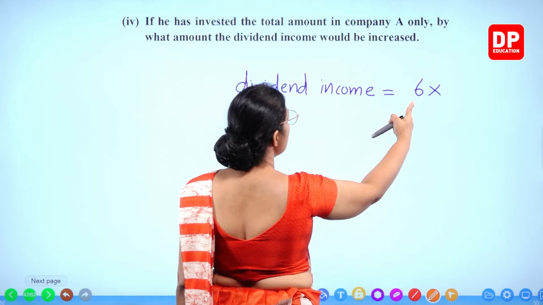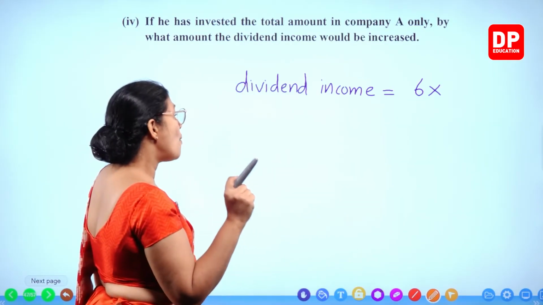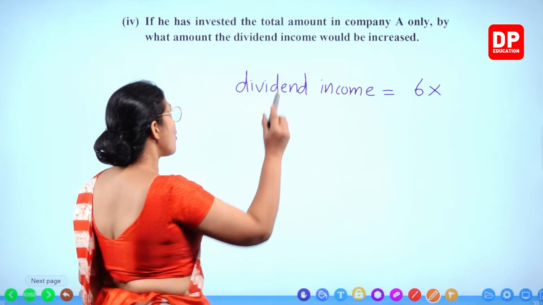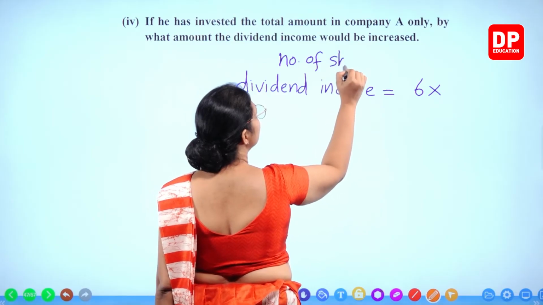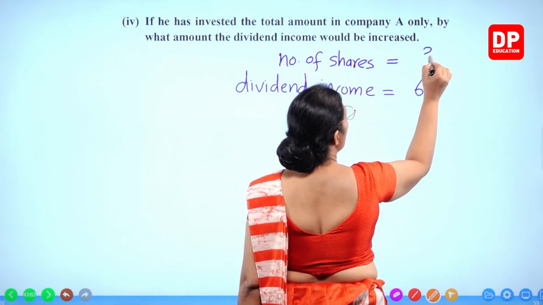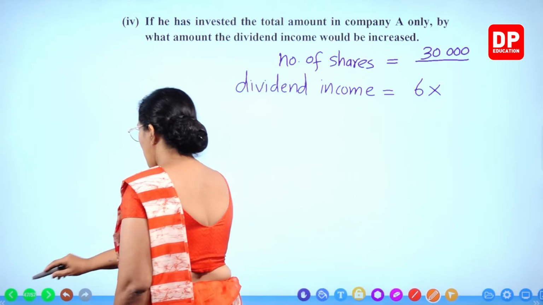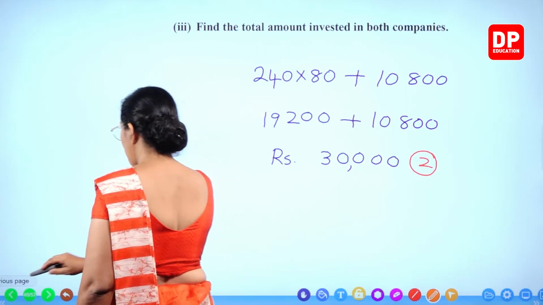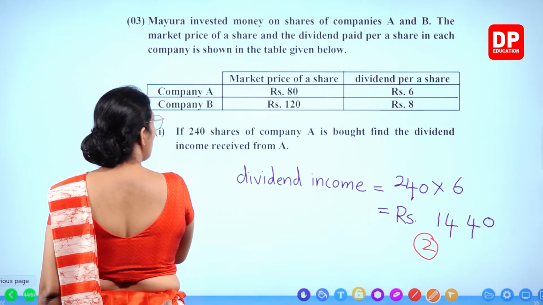So dividend income is 6 into the number of shares. But you have to find out how many shares first. So the number of shares for company A, you have to do that first. 30,000 rupees is the invested amount. The market price of each share in company A is 80 rupees.